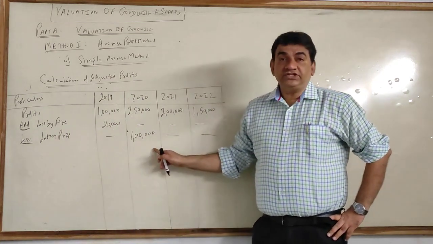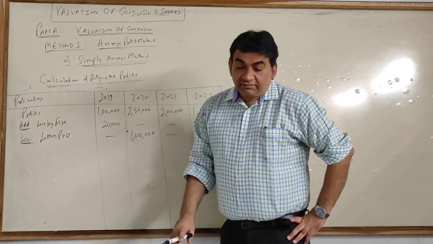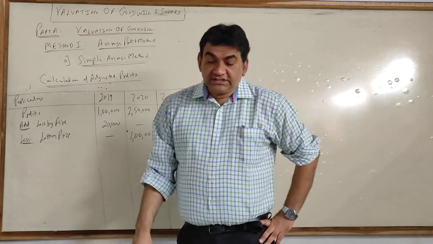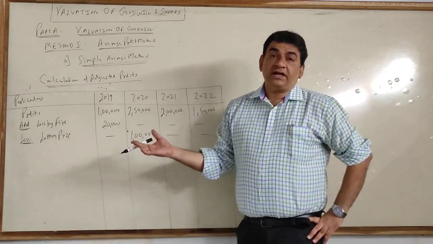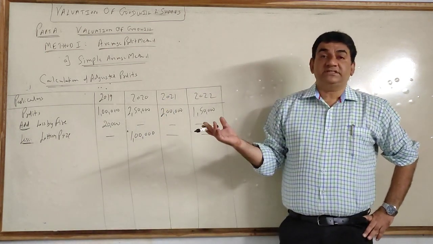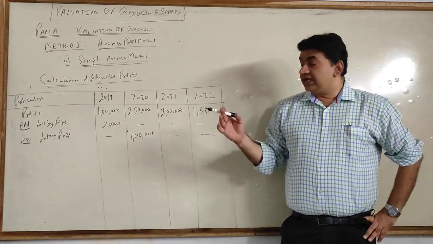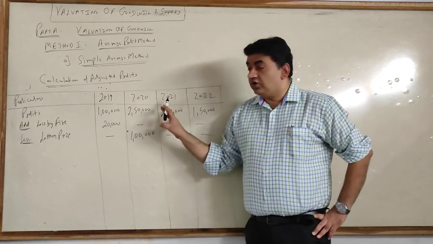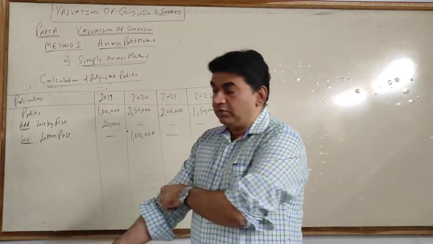Now once you get these two, the third and fourth are straightforward. What is the third one? Prize of 50,000 received from KBC contest in 2021. Kaun banega crorepati? Nothing to do with the business. It's like your crossword puzzle type ka income. No connection with business. Your 2021 ka profit is 50,000 more.